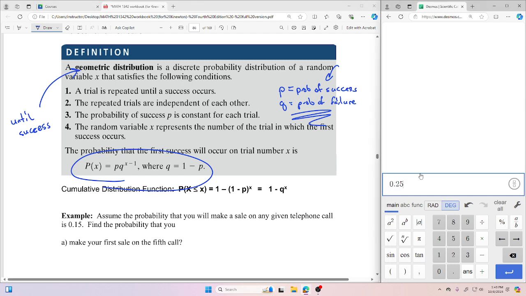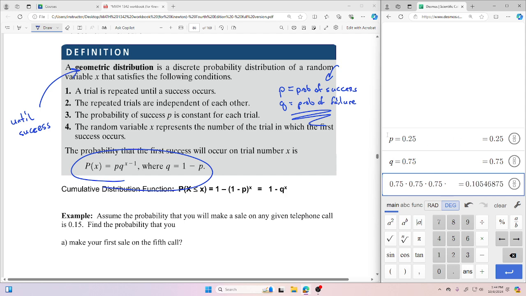Say we have 25% for success, and my failure would be the opposite: 75%. What's the probability of 3 failures and then a spade? I'm going to go failure, failure, failure, and then finally success.